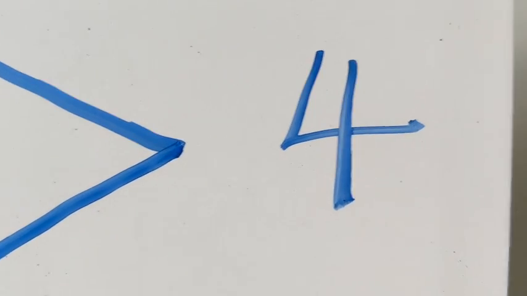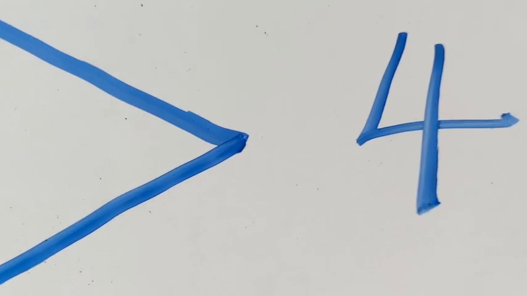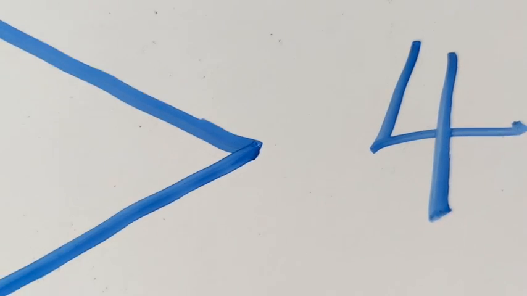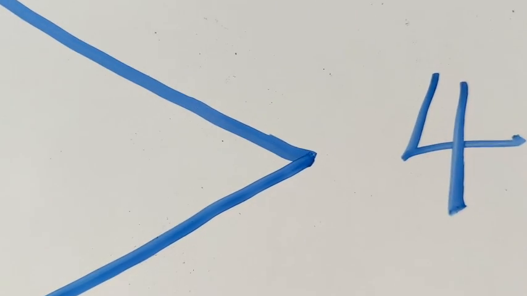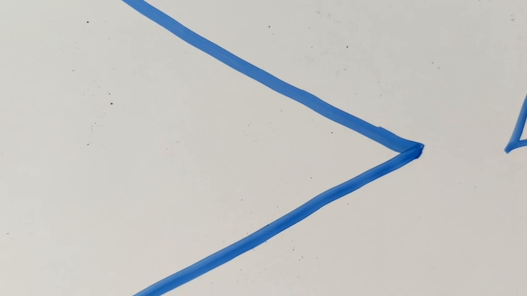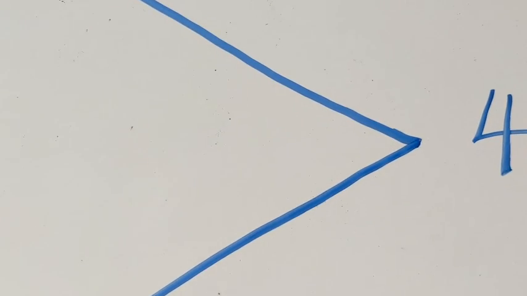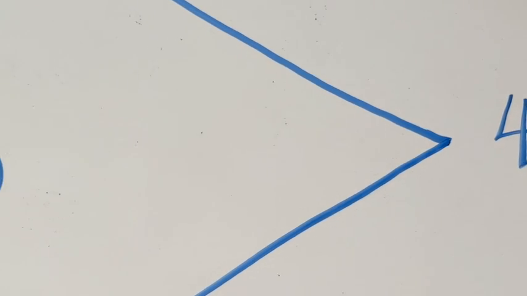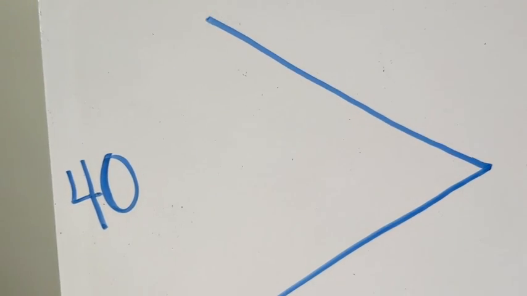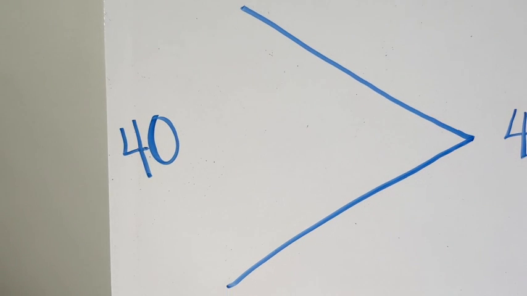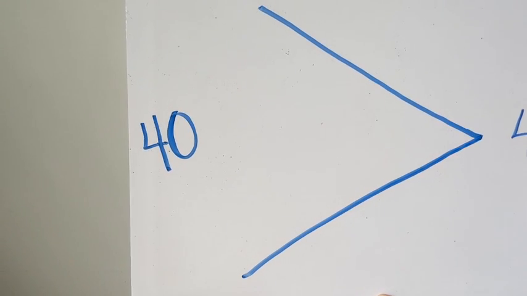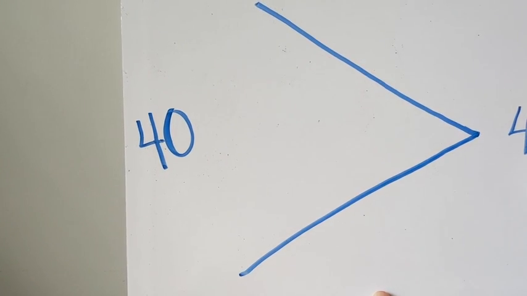So 4 is going to be the small number. And then on the other side, it gets bigger and bigger and bigger and bigger. Wow! On the other side, look how big the greater than sign is.